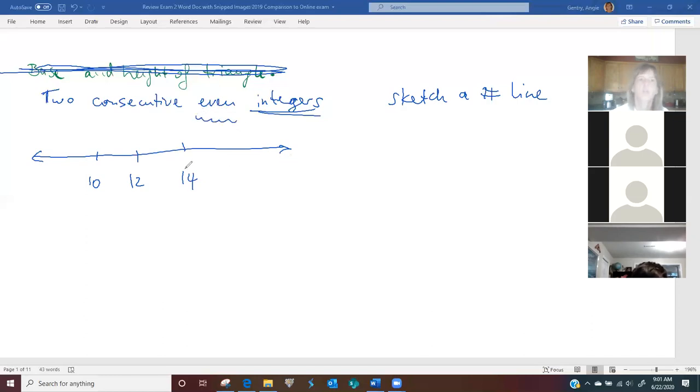Now, you have to represent them in terms of x. If you have integers, you always let x be the first integer. So we're just going to label one and call it x. Let x be the first, that's automatic.